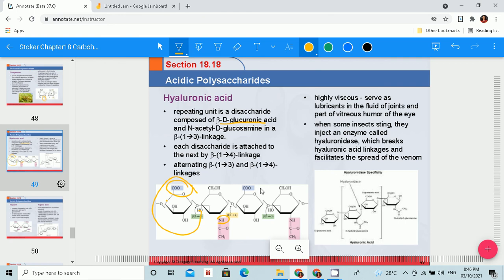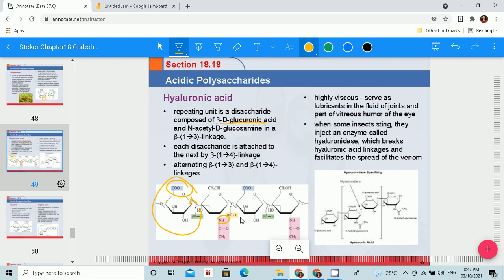And then it is linked in a 1,4 beta. As you can see, class, this one, and then you go down. That's still beta. It's beta 1,3, and then beta 1,4 linkages.